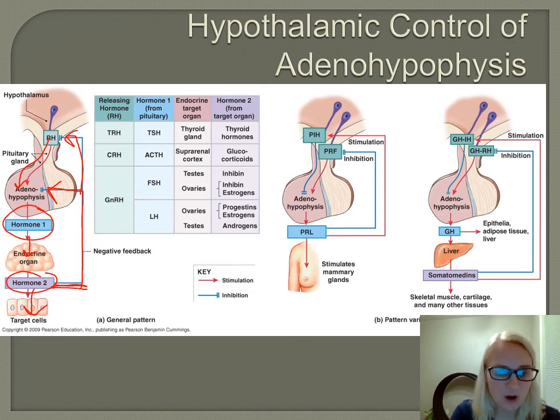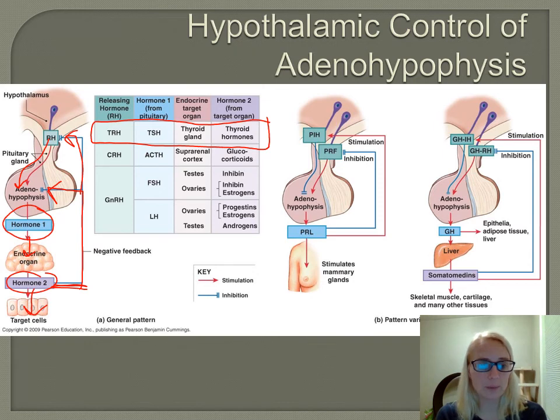So we have our thyroid stimulating hormone example here. The green in these real examples is the regulatory or releasing hormone from the hypothalamus. In this case, it's called thyrotropic releasing hormone, or TRH. The thyrotropic releasing hormone from the hypothalamus triggers the pituitary gland to release thyroid stimulating hormone.